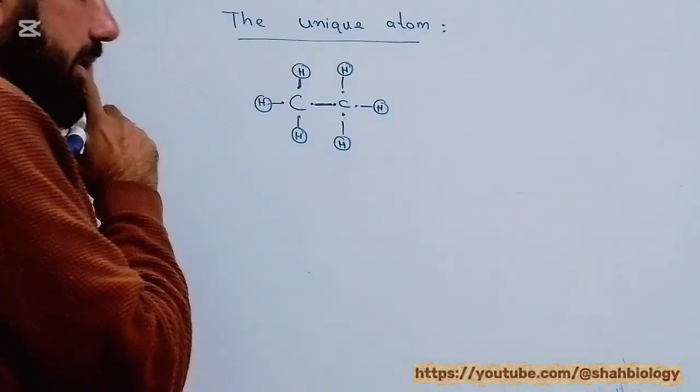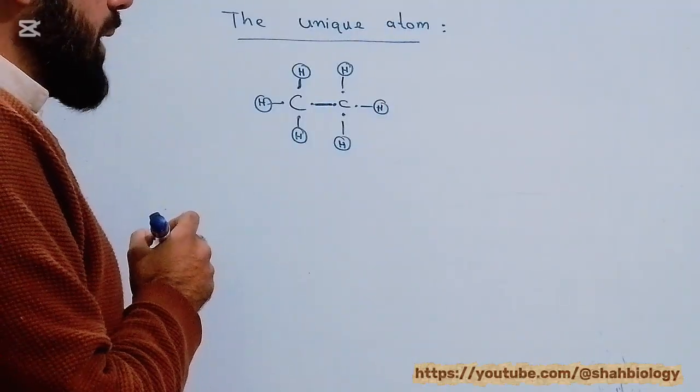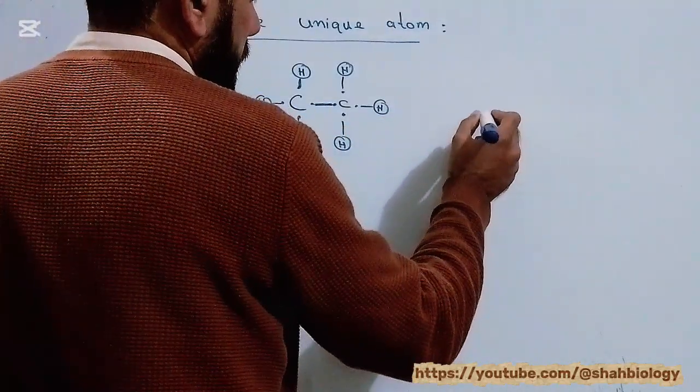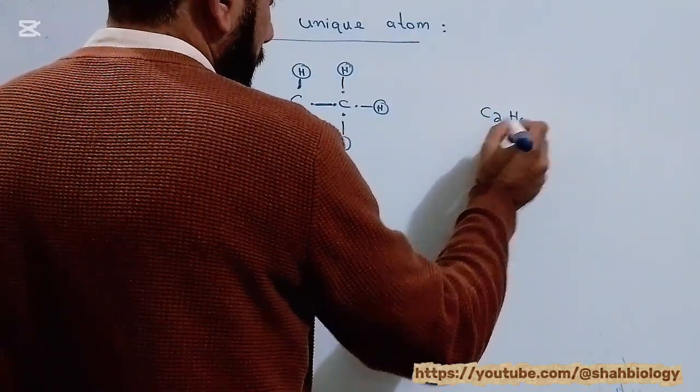So it is the second member of the alkane series, called ethane, C2H6.